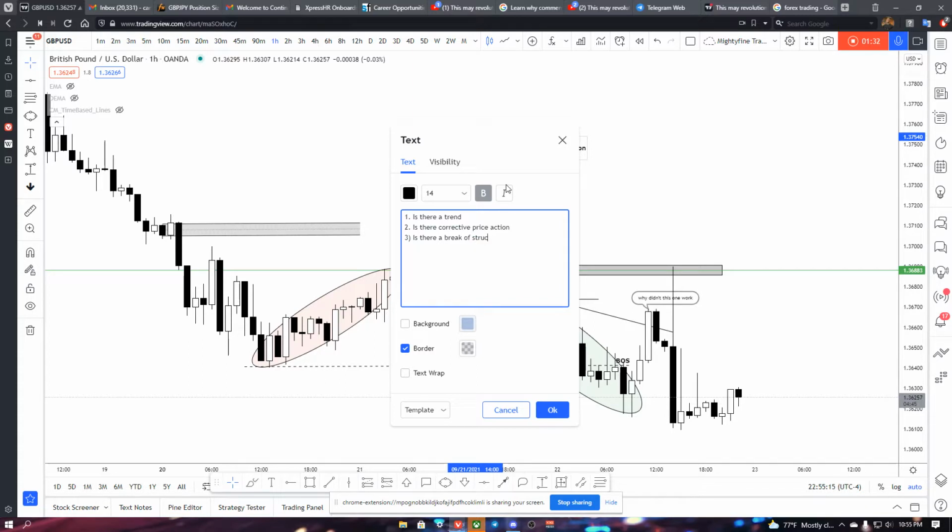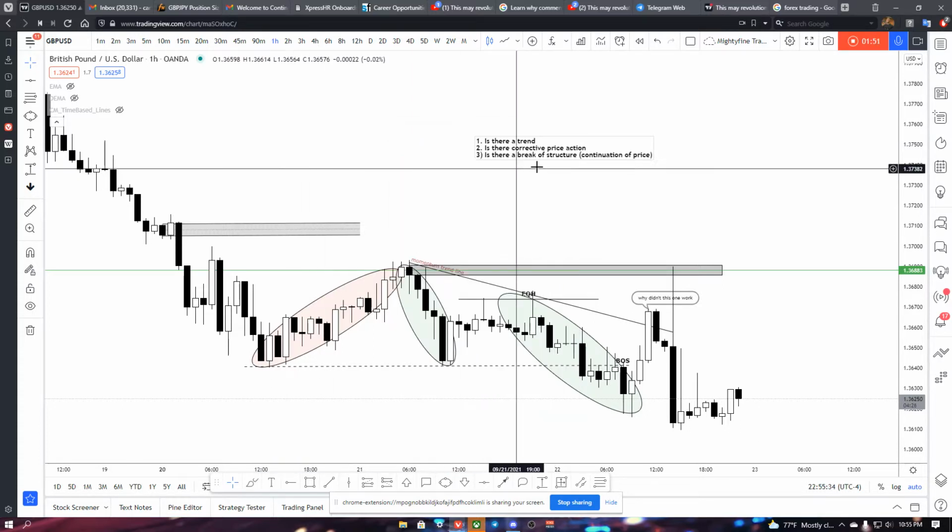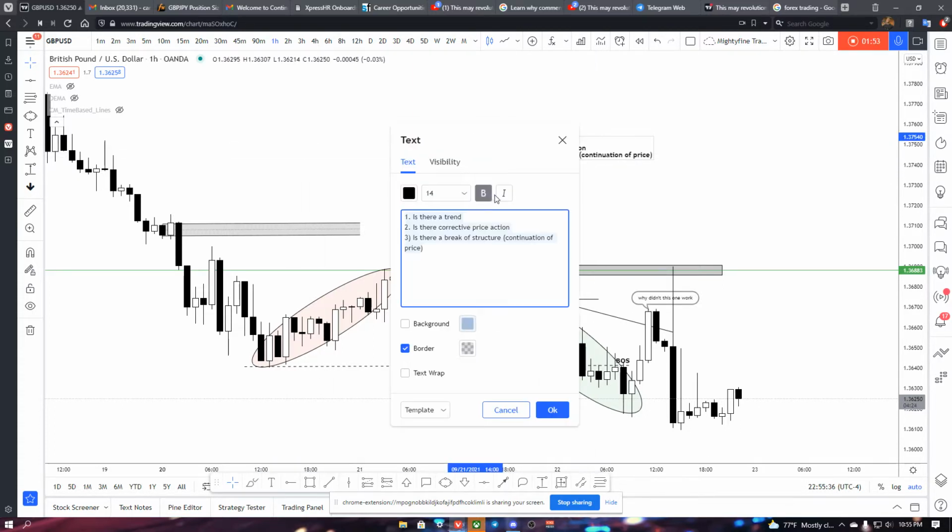Because the way I trade, the way I feel comfortable trading, is there a break of structure in the continuation of price? Okay. So these are the main things I look for.